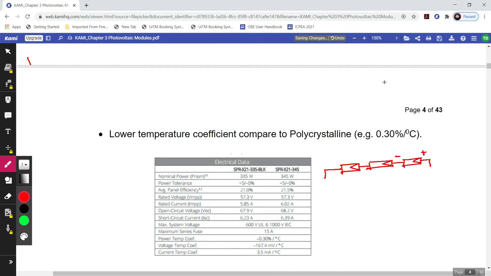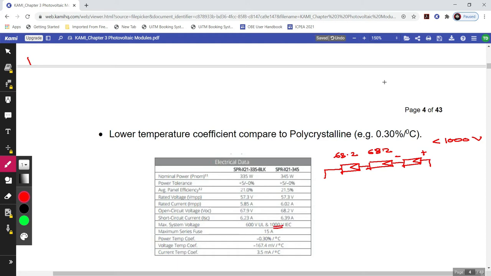For example, here you take VOC for this model, which is 68.2. You sum up all, so make sure the series connection does not exceed 1000 volt. 68.2 plus 68.2 and so on. So make sure the series connection is less than 1000 volts.